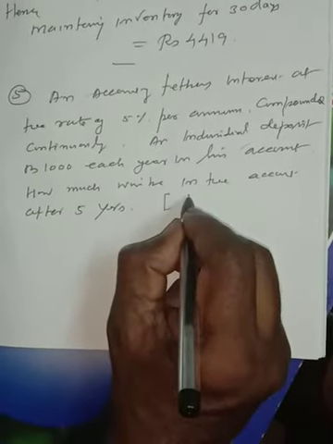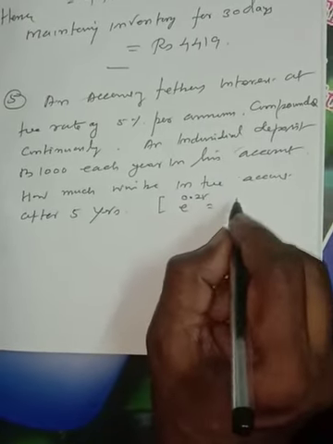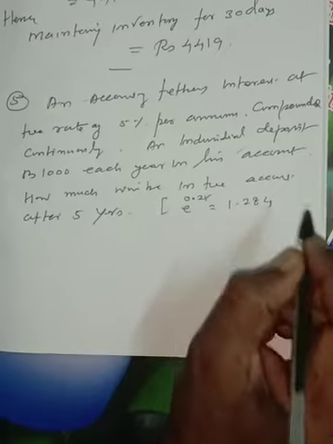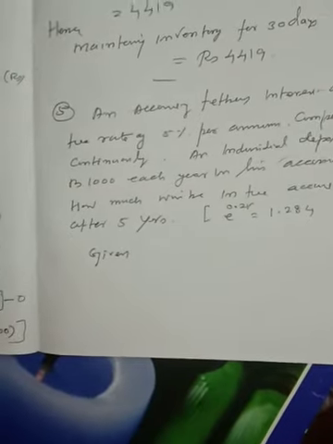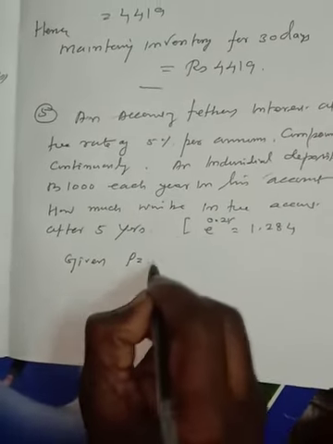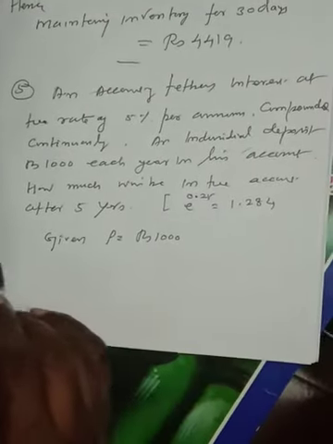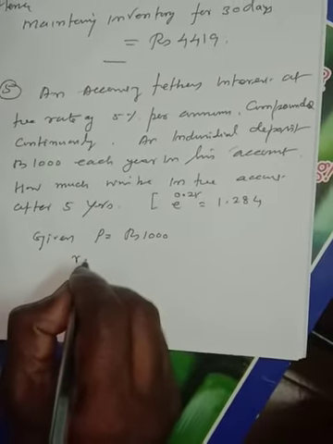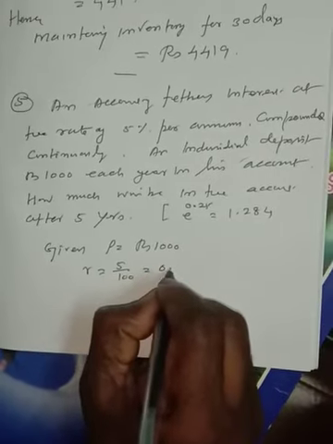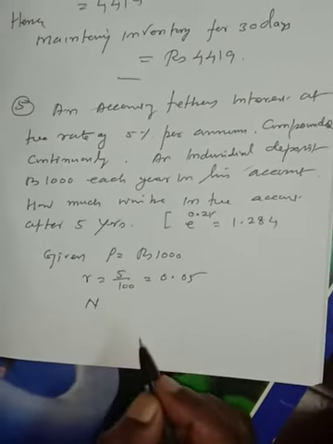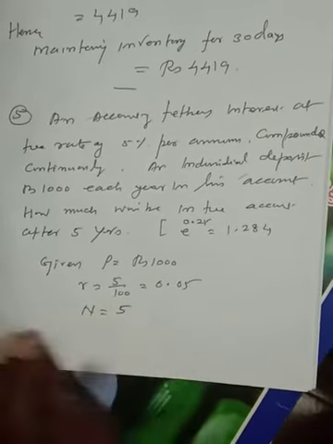Given e to the power of 0.25 value is 1.284. Given amount P is equal to rupees 1,000. Rate of interest is equal to 5 divided by 100, 5% is equal to 0.05. Number of years is equal to 5.